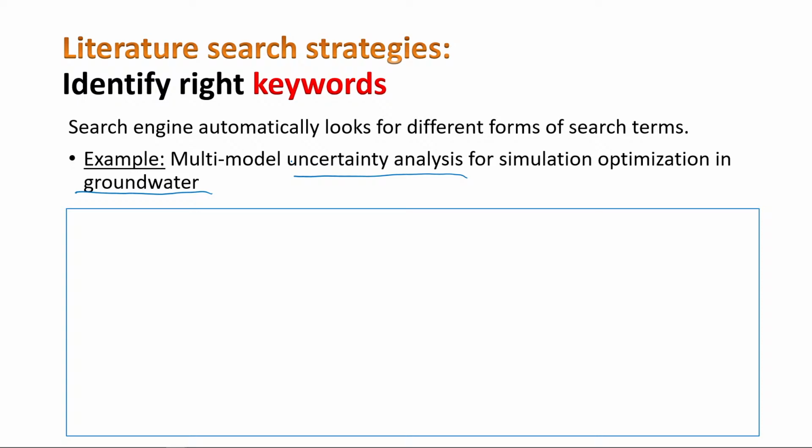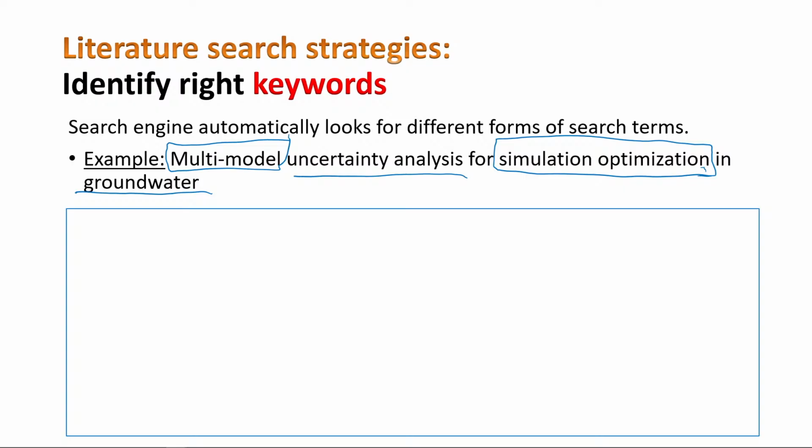There are so many methods of uncertainty analysis. I want a specific method of uncertainty analysis, which is multimodal. And then in groundwater, I'm using a management technique, which is simulation optimization. That's the management technique that I'm using for groundwater.